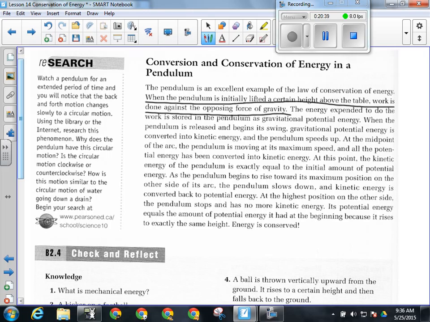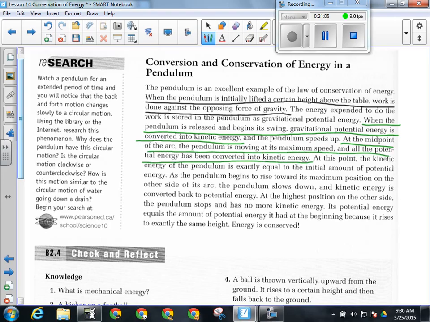When you pull the bob away from the bottom of the arc, you're doing work on that. When the pendulum gets released, it begins to swing, and potential energy is converted to kinetic energy, and the pendulum speeds up. At the midpoint, the pendulum's moving at its maximum speed, and all the potential energy has been converted to kinetic.